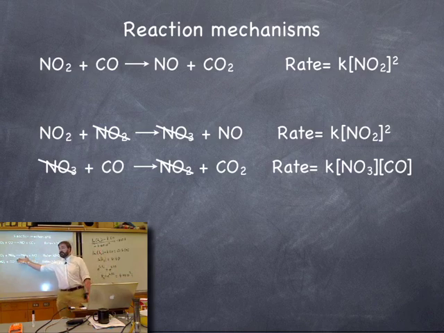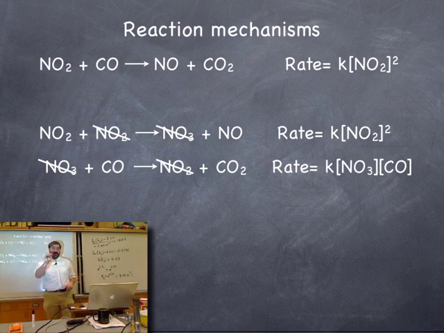It doesn't show up in the overall, so it does cancel out of the reaction mechanisms. But catalysts start as reactants and end up as products. So they go in and they come out, whereas intermediates are produced and then used up.